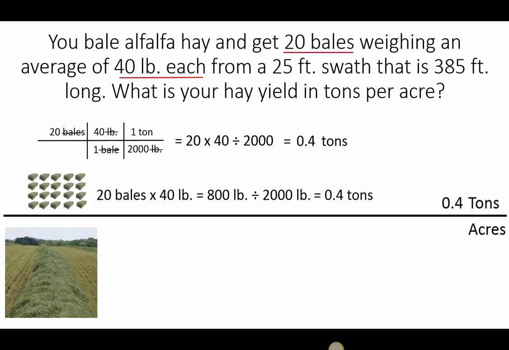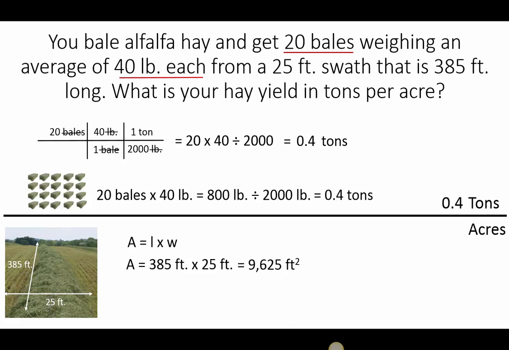Finally, let's figure out the area that we are getting this tonnage from and convert that into acres. Our swath is 25 feet by 385 feet. If we remember from geometry class, the area of a rectangle is length times width. So in our case, 385 feet by 25 feet equals 9,625 square feet.